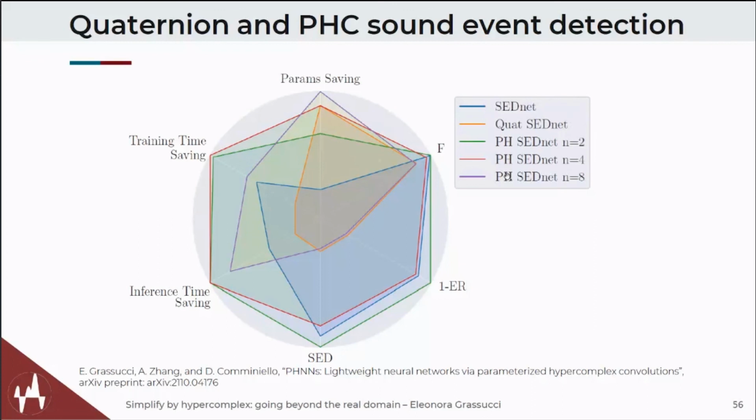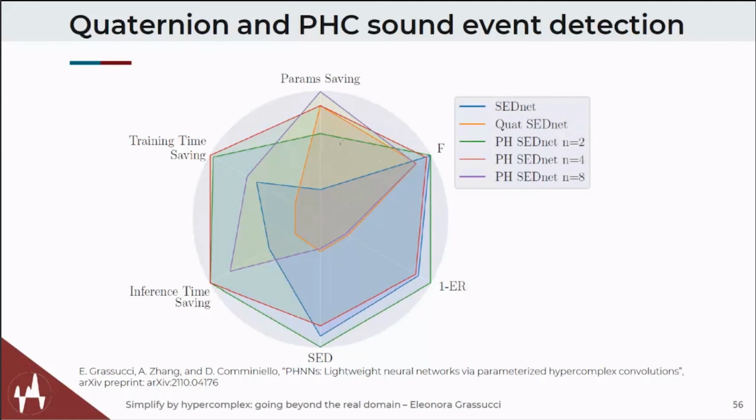So we decided to take a SELDnet, which already is a small network. We reduce drastically the number of parameters, and we see that, for example, the n equal to 4 does not outperform the real-valued model, but gains a lot of savings in both training and inference time, and consequently in storage memory for checkpoints.